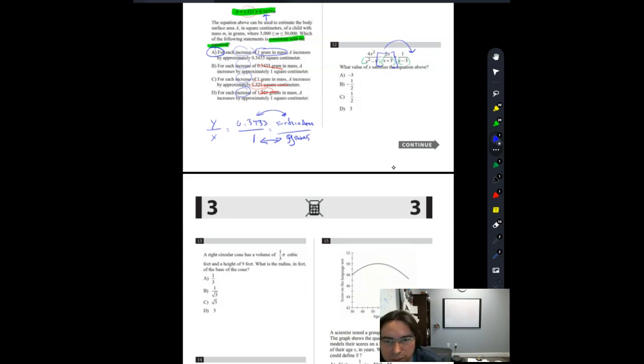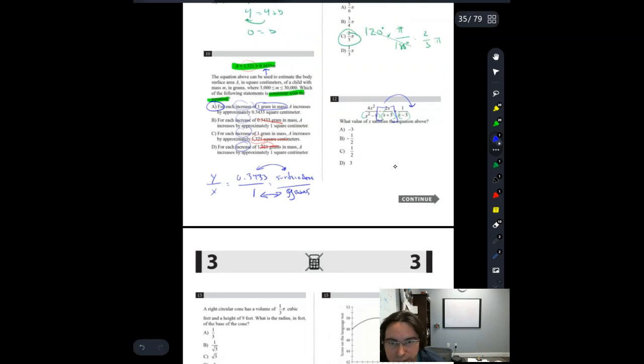So I hope I have enough working space here. I'm going to rewrite the equation up over here. So now I have essentially 4x squared over, well, let me also do this real quick. I see that my denominators are x plus 3 and x minus 3. I cannot have zeros in the denominator, right? It makes them undefined.